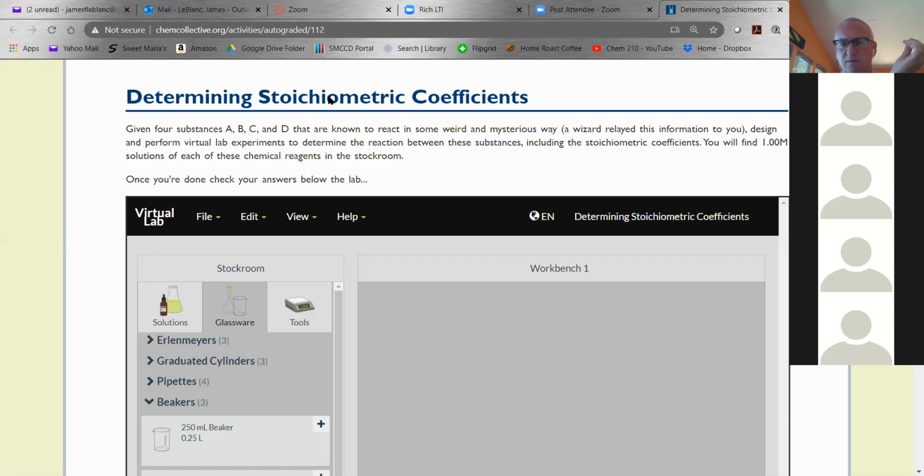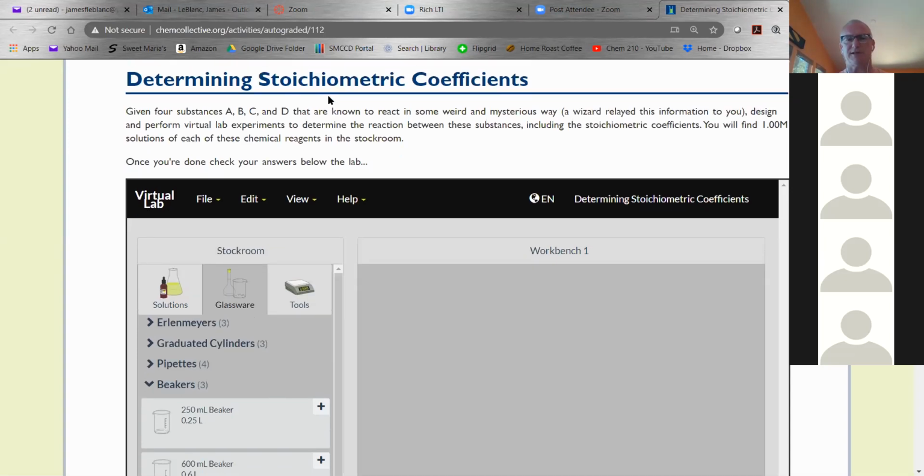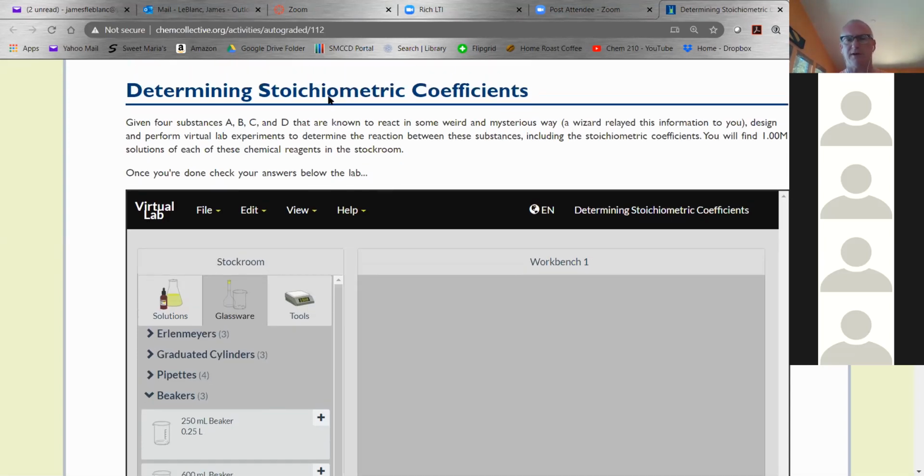I can see that page, but in the front there is a message that says determining the coefficient and explain them. I can't understand what it is that you're seeing. You're not seeing precisely this page that the rest of us can see, determining stoichiometric coefficients.